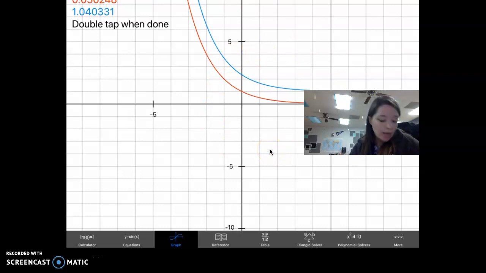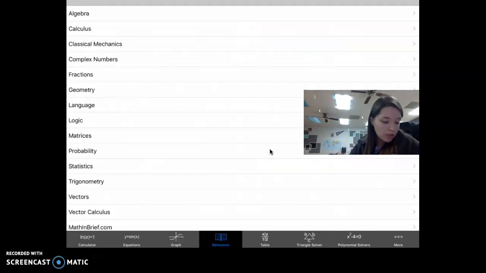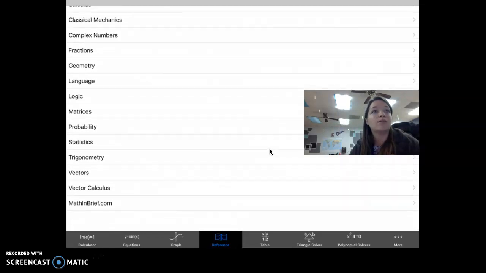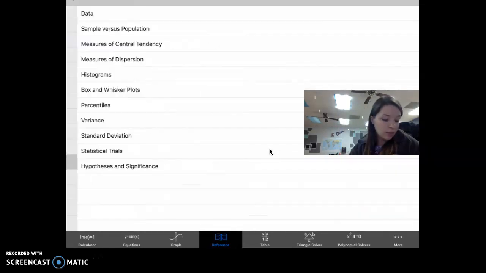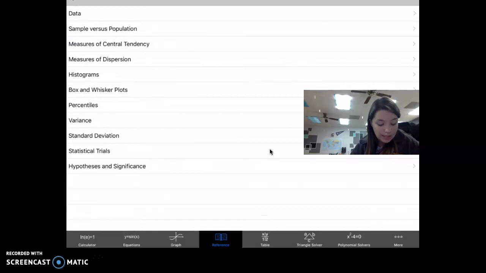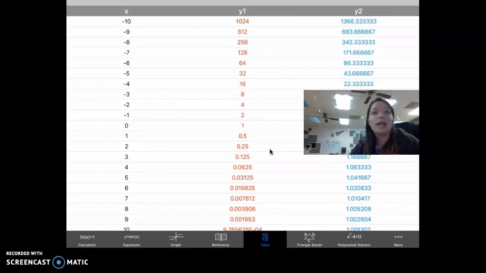And then you have a reference page, which gives you different types of references for all different types of classes. So it works for statistics. You can even go to the table for your graph. So this is the table for my graph, for the graphs that I have. So again, the red and the blue graph, they're different.